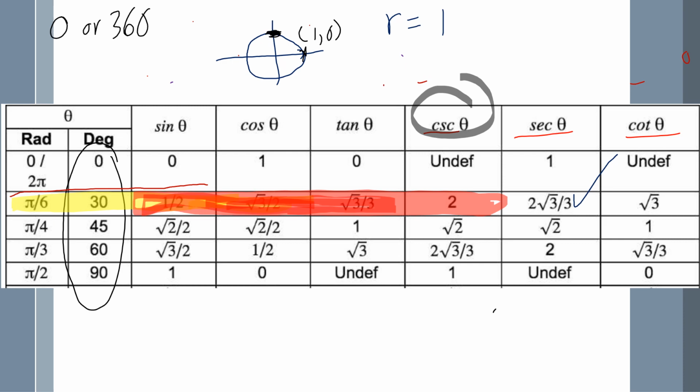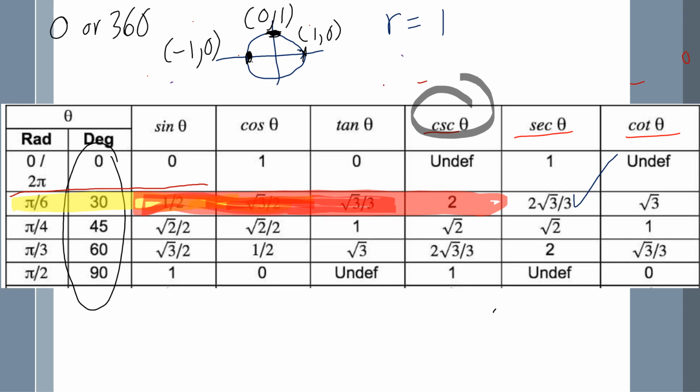So that means that y at the top is going to be 1, but x is going to be 0. All right? And that's at 90 degrees. We know that. So when the x-intercept had the distance of 1 here, what's it going to be in quadrant 2? -1, 0. How many degrees is that? 180.